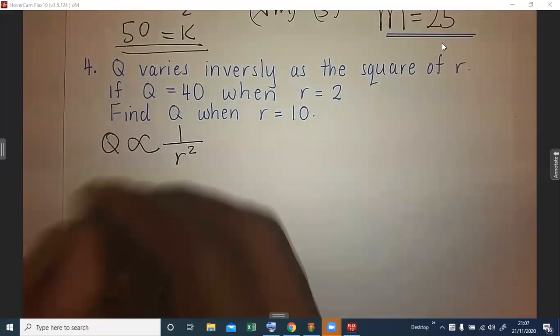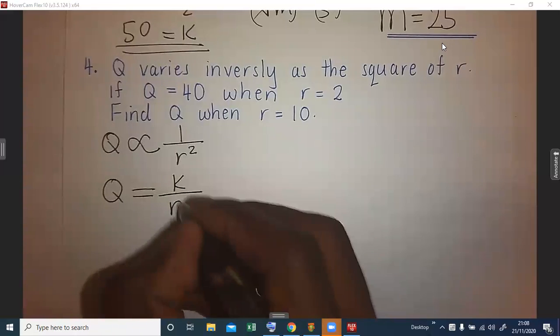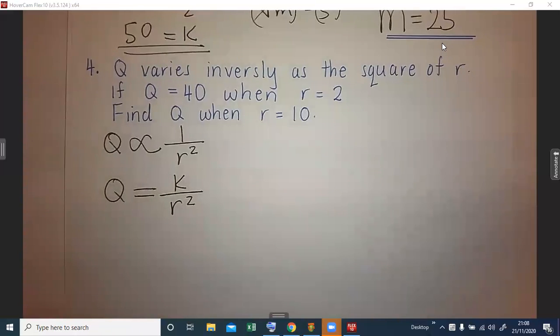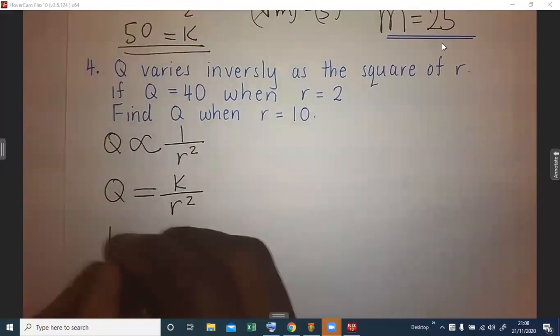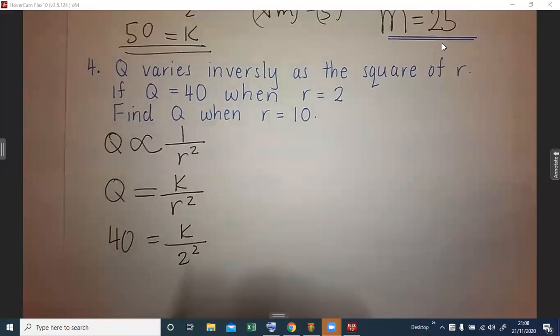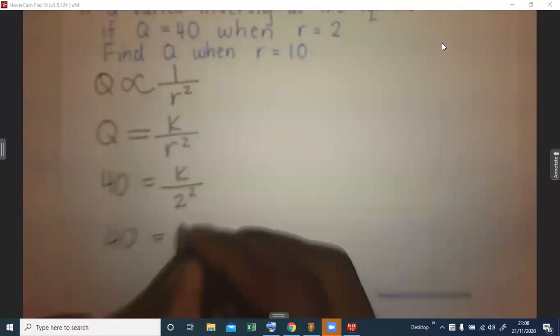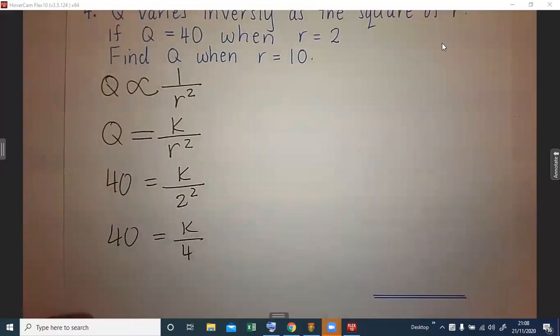So we change this to an equation and we get Q is equal to k over R squared. Our Q is 40 and our R is 2. So that means we have 40 is equal to k over 4.